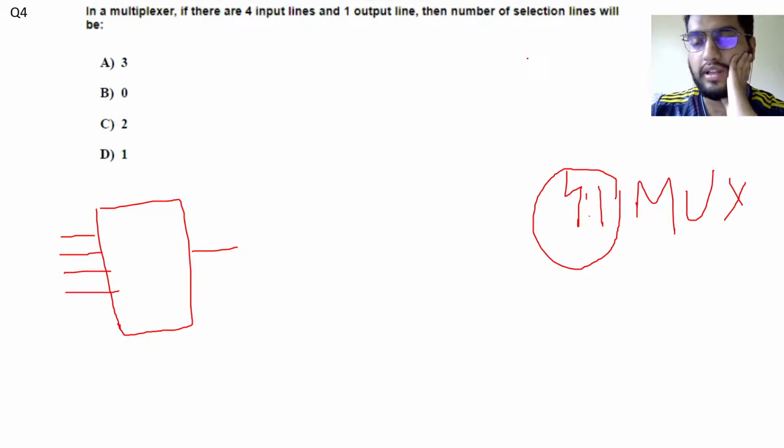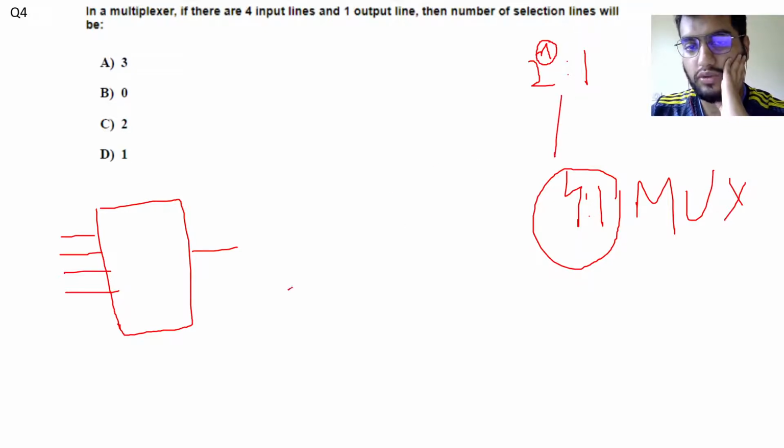For any multiplexer with n select lines, we can write it as 2 raised power n is to 1. So here n represents our number of select lines. Comparing these two, we have 2 raised power n is simply equal to 4. That is simply n is equal to 2.